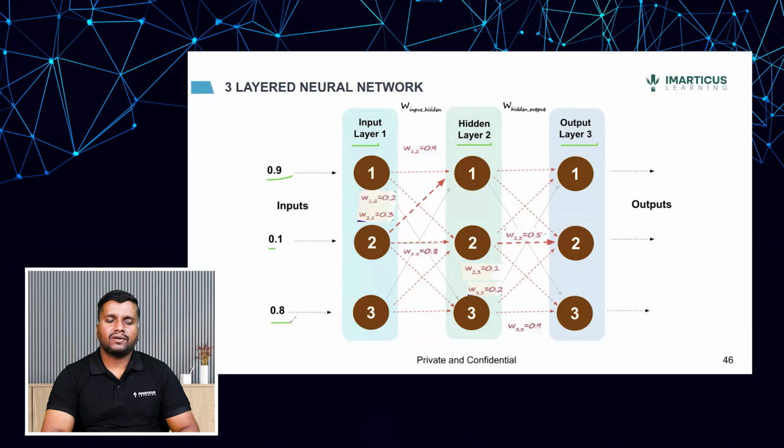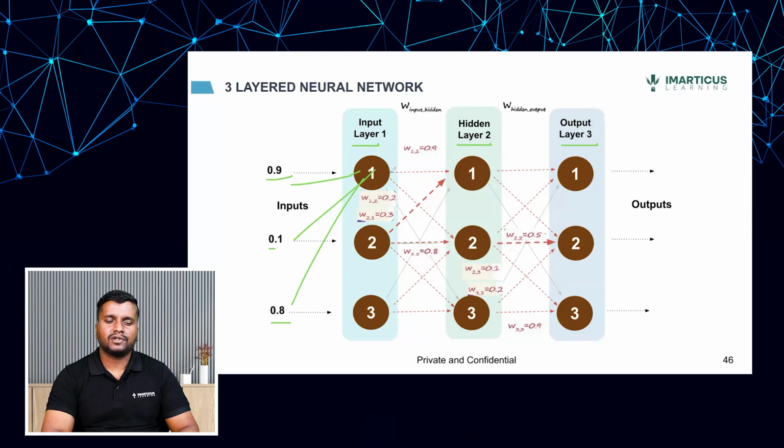I will be discussing only neuron 1 over here and what is happening. So this neuron 1 is getting three inputs: 0.9, 0.1, and 0.8.